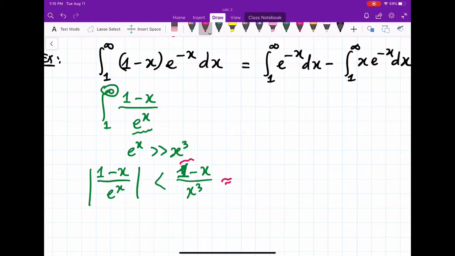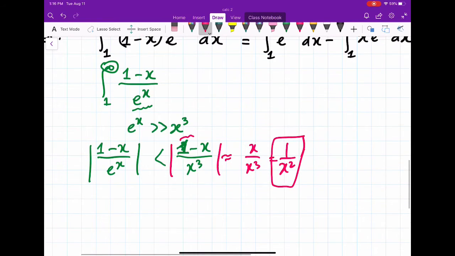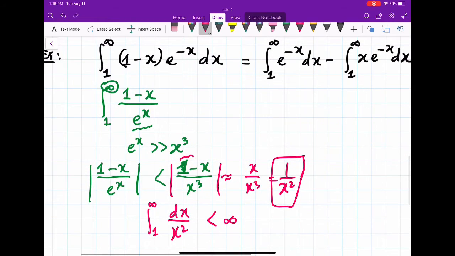And this is similar to x over x cubed, which is 1 over x squared. And if you integrate this function from 1 to infinity of dx over x squared, we know this is just a finite number, right? Because the power p in this case is 2, bigger than 1. So basically, yeah, we use similarity, and we just show that our integral converges.